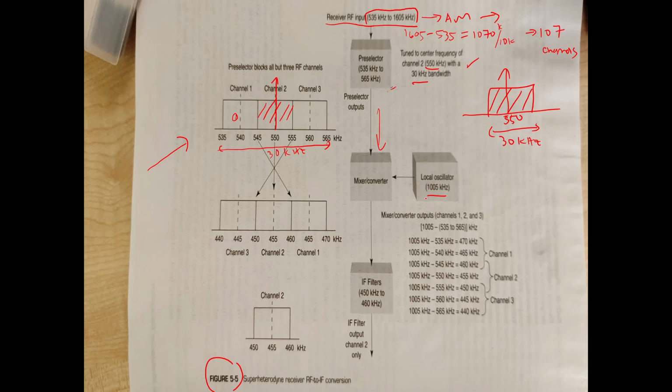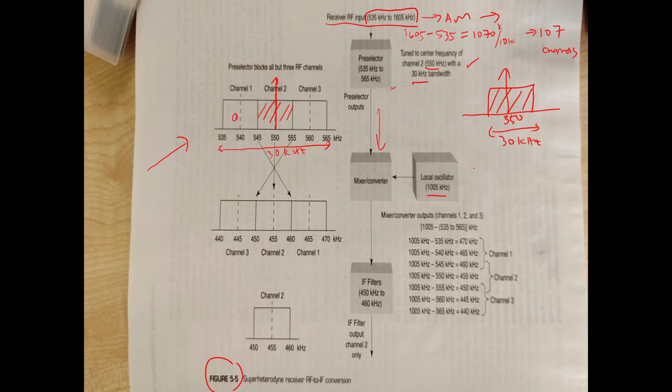You see that this 1005 kilohertz is larger than the range of RF frequencies selected from the pre-selector. The pre-selector only selects from 535 kilo until 565 kilo.